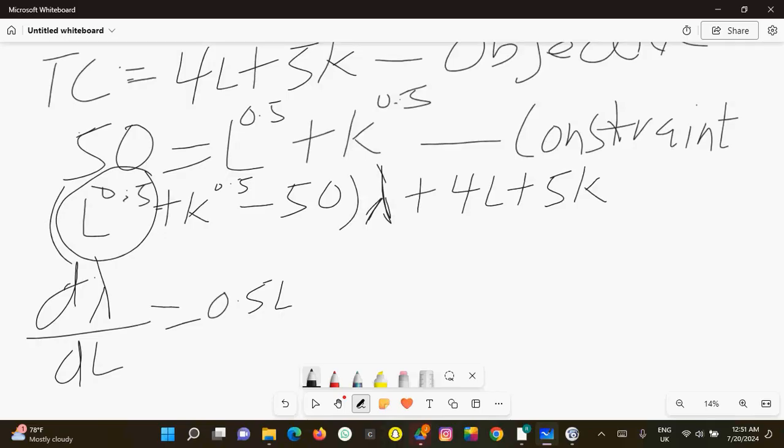And then the top will be left with negative 0.5. And then we have L here again, right?